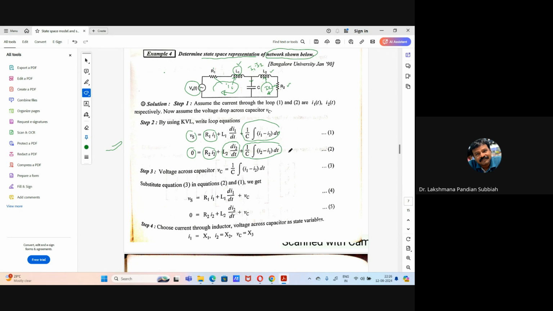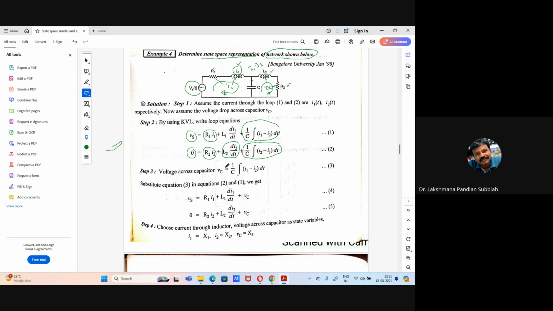Now what we actually need is the voltage across the capacitance as one variable, Vc. In the equations, substitute equation 3 so that Vc appears in equations 2 and 1.